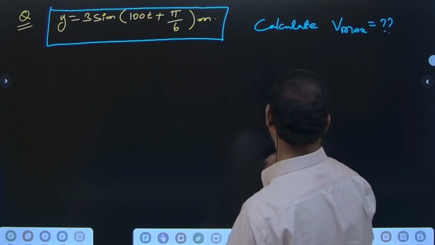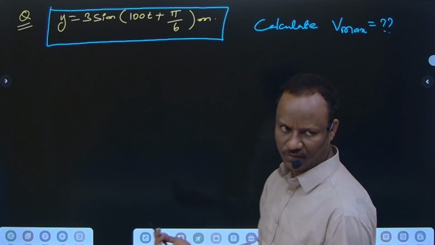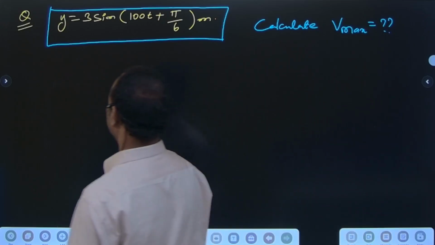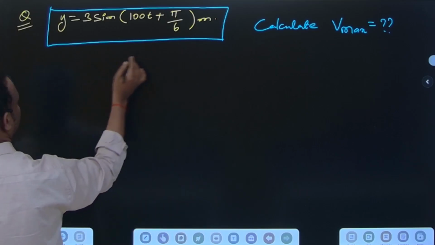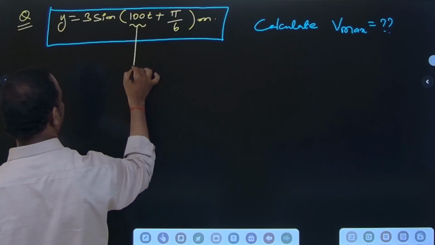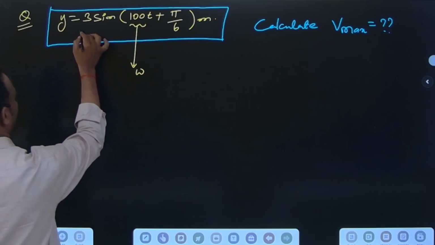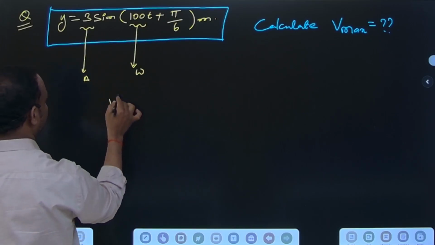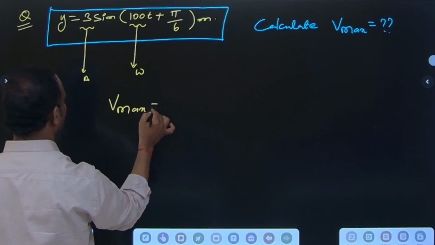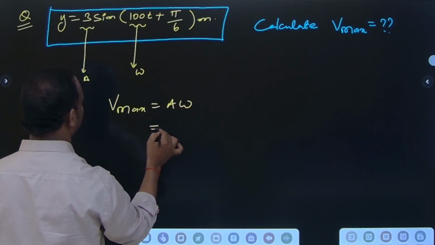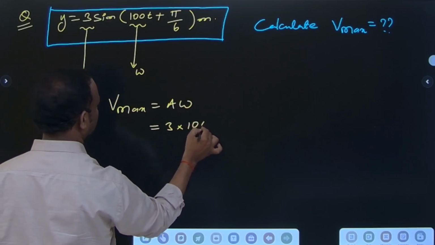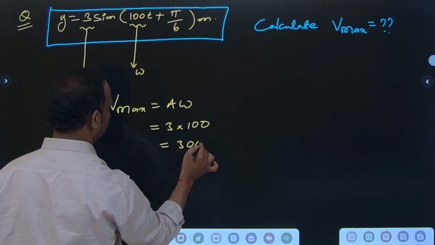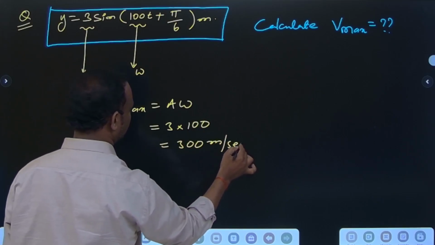V max means A omega. What is A here? 3. What is omega? 100. So V max is equal to A omega, A is 3, omega is 100. What is the answer? 300 meter per second.